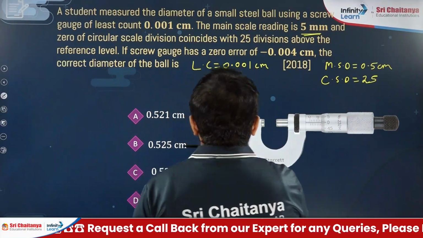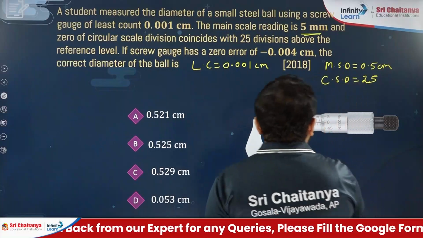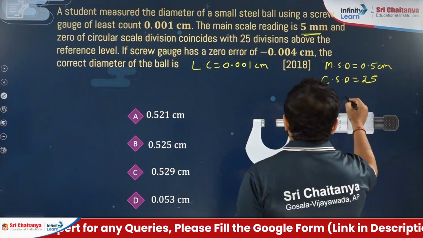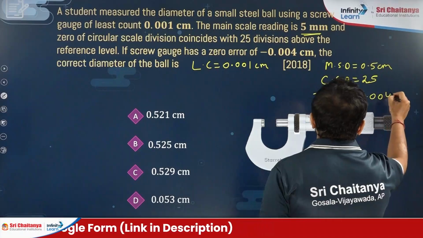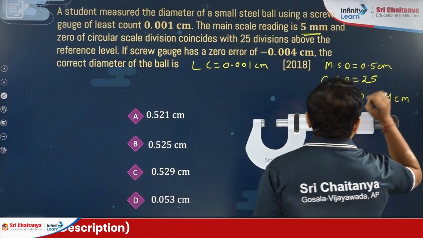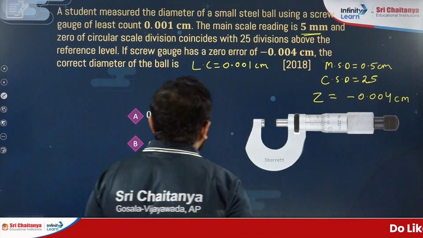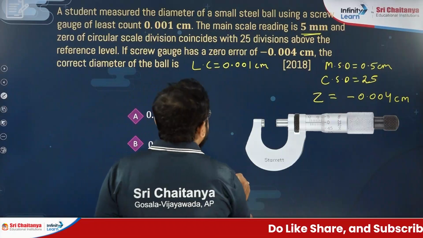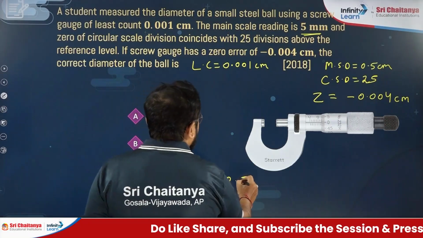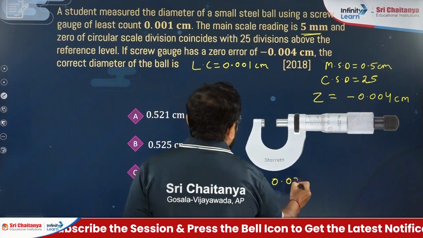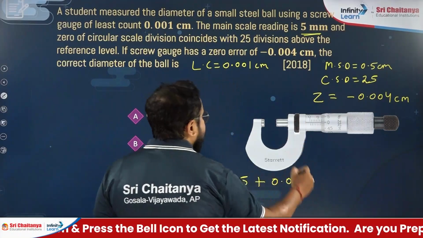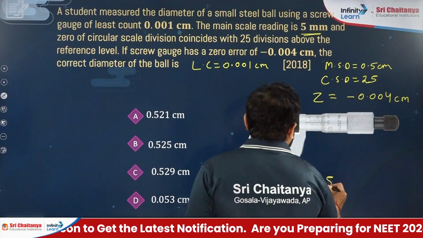So, if a screw gauge has zero error, now they are saying zero error is also given, and they have already mentioned the sign. What type of sign? Negative, and it is in centimeter. Apply the formula which I told you. What is the formula? MSD plus least count times CSD. MSD is 0.5. What is least count? 0.01. What is the CSD? CSD will be your 25.